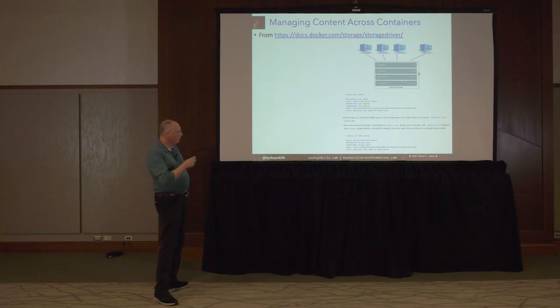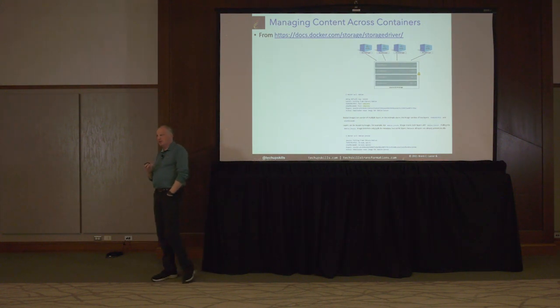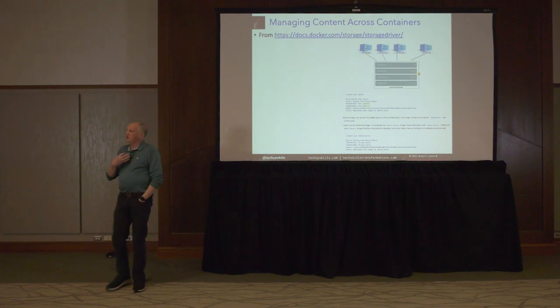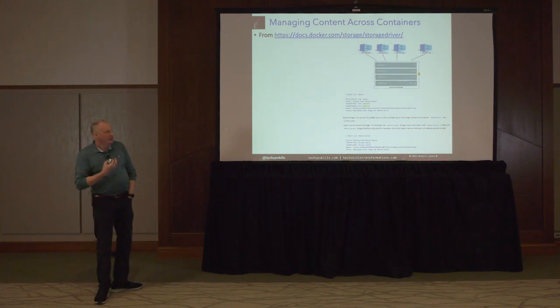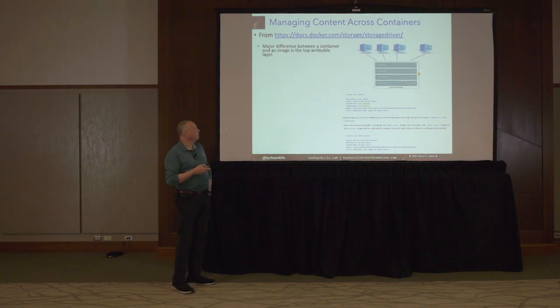Now, the cool thing, one of the reasons that we have the immutability here, or one of the benefits that it buys us, and immutability again just means that those lower layers below the container layer are read-only. The nice thing about that is that we can create multiple containers off of a single image, okay?